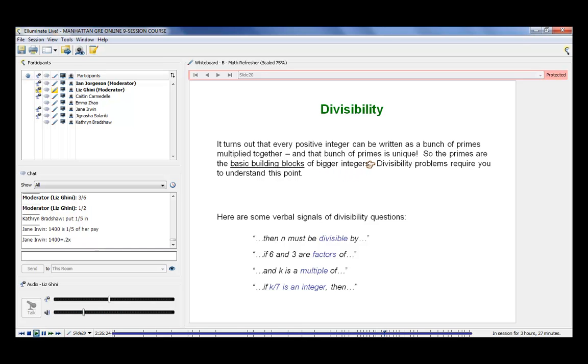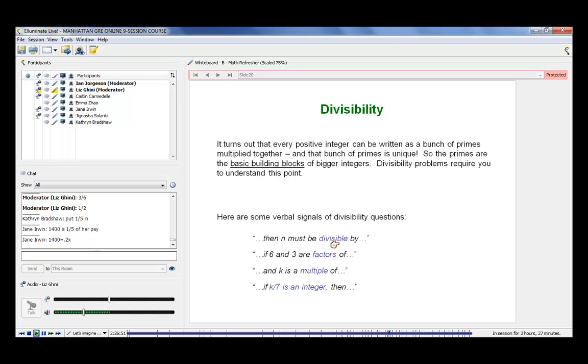There's a whole category of problems on the GRE called divisibility problems. And in order to solve these, you have to recognize your primes. You have to be able to break numbers down into primes. So primes are really useful for canceling fractions, for dealing with divisibility problems, and as we'll see later, for exponent problems. I've had them come up in probability due to the fraction-related issues as well.